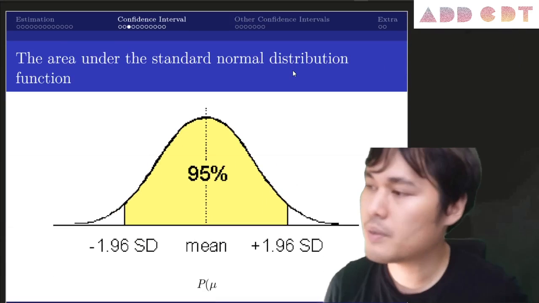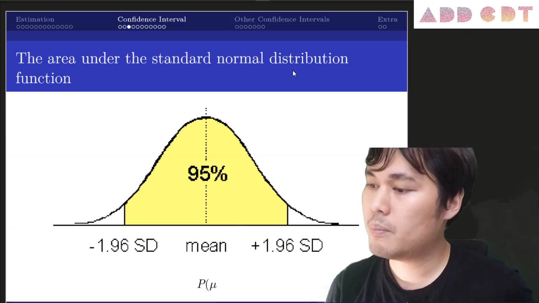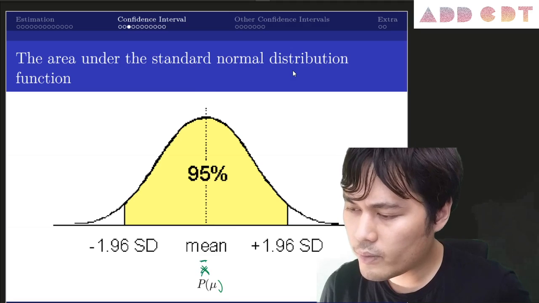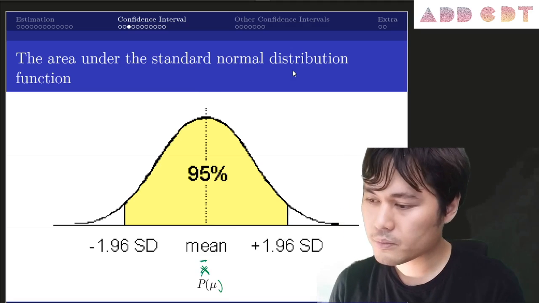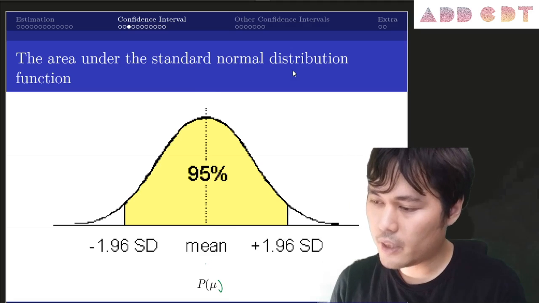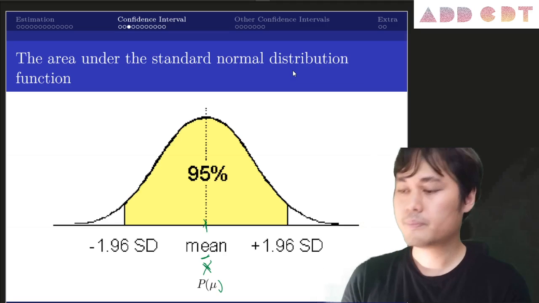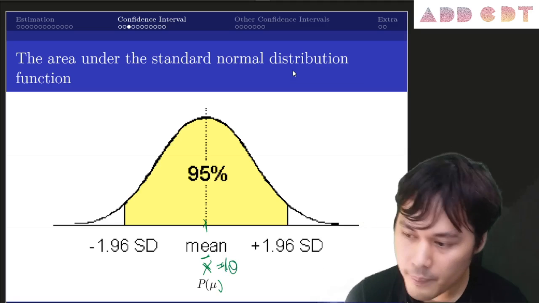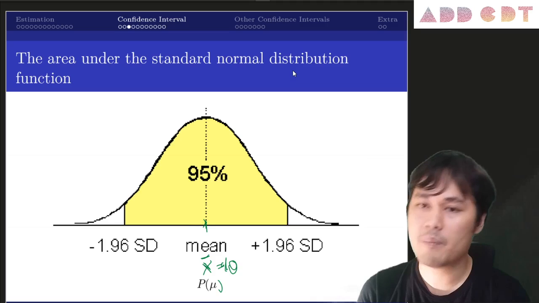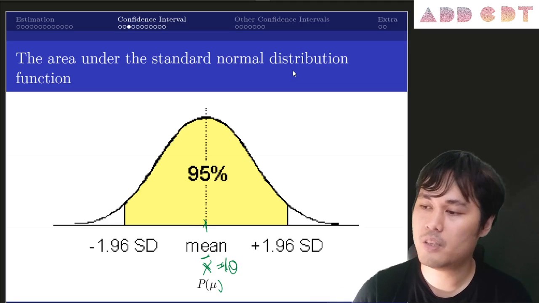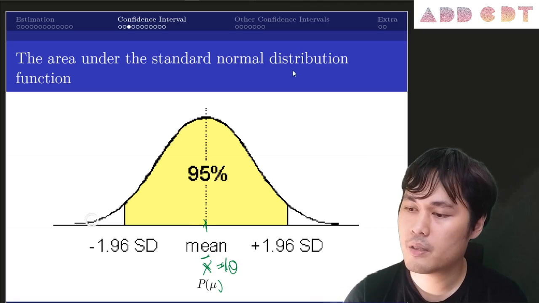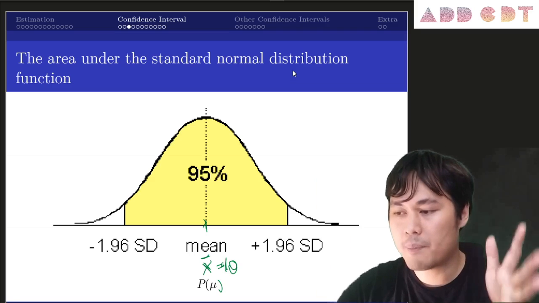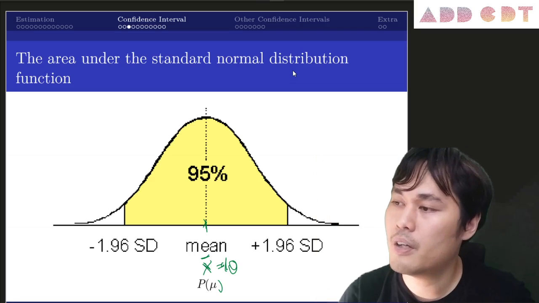But the idea is this: if the sample mean is here, let's say it is 10, and if we know that the distribution of all the means is a normal distribution, then we can draw this nice curve, right, and get some information about where the points are, how high the curve is, and so on and so forth.